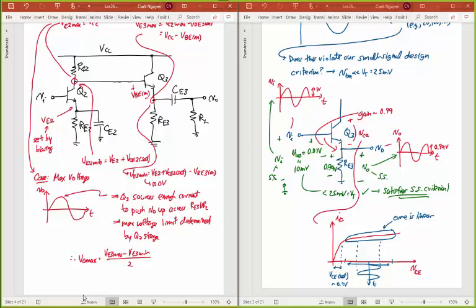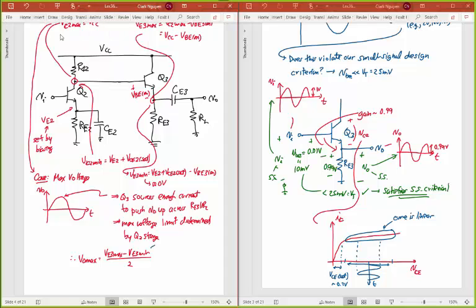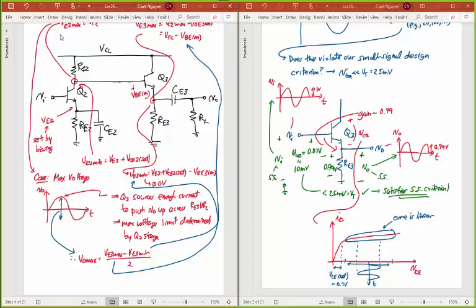Should have done that in blue. Maybe I'll still do this in blue here. So this VE3 min is right there, and that VE3 max is right there. Okay, so that's now your V out max, the maximum excursion you can get, which is that voltage there.